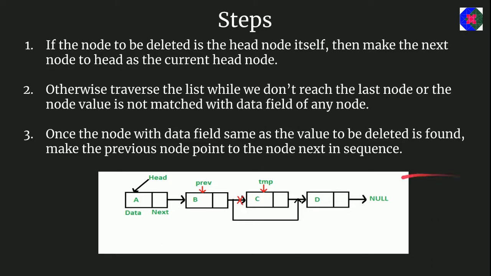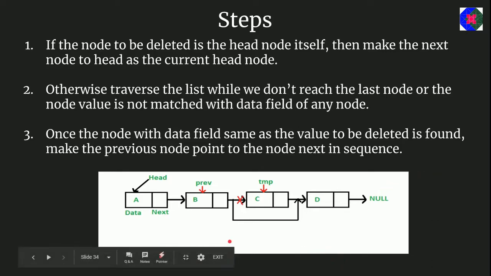For example, in this diagram, suppose we want to delete this node C. So what we do, we traverse the linked list from A to D and also we find the value C. So using these two conditions, when we run a loop, we will stop here at this node C because this data now matches with the value. Now when we stop here, we have B as the previous node and D as the next node.